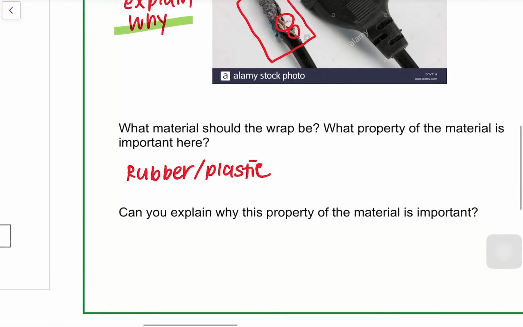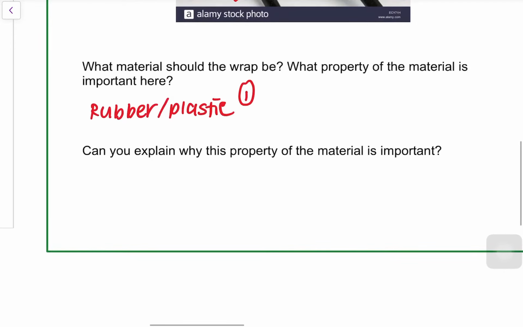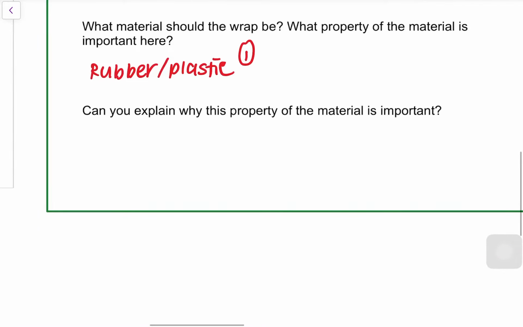Based on that, I would already be given 1 mark because I gave the suggestion already. Now I have to explain my answer. That would be the part of its property. Can you explain why this property of the material is important?